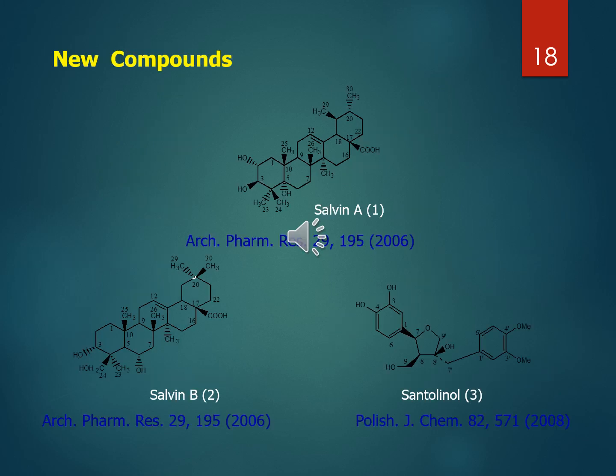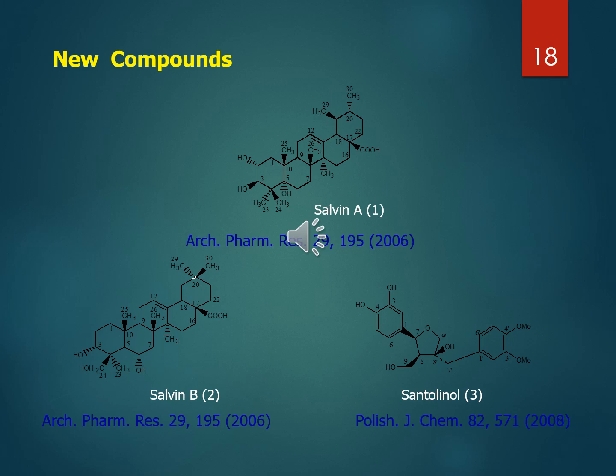These are the new molecules or organic compounds which have been isolated and extracted from the genus Salvia and species centralinifolia. These molecules are terpenoids which have been published in Archives of Pharmacal Research in 2006.